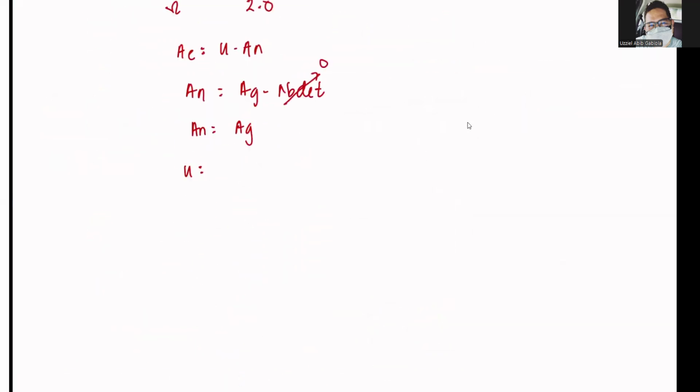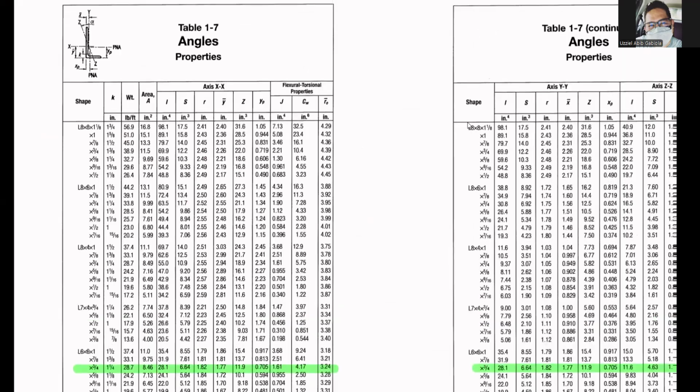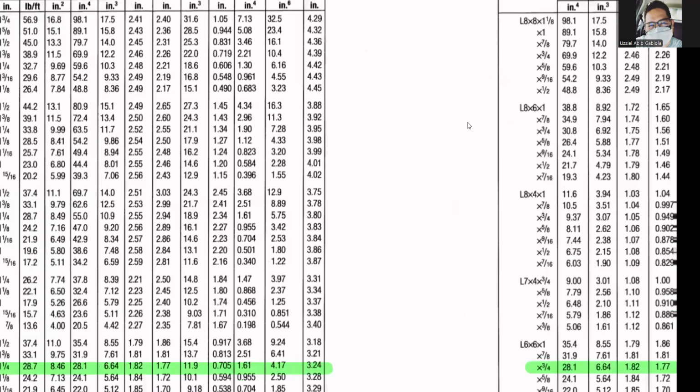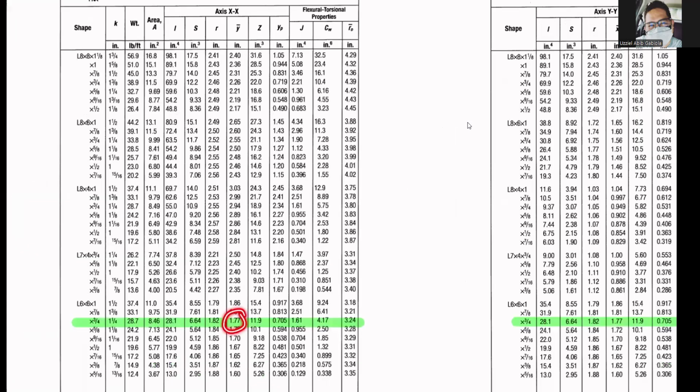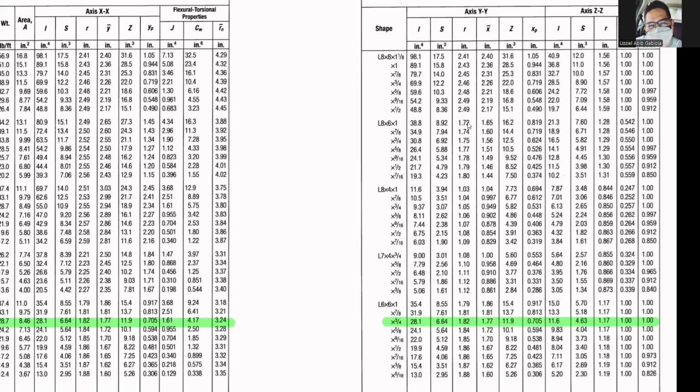Okay, so case 2: U2 is equal to 1 minus x-bar over L. So what is our connected side for this case? Looking at our shape, since our angle is equal, both legs have the same centroid distance. So we have here 1.77, which is the same as our x-bar, 1.77.